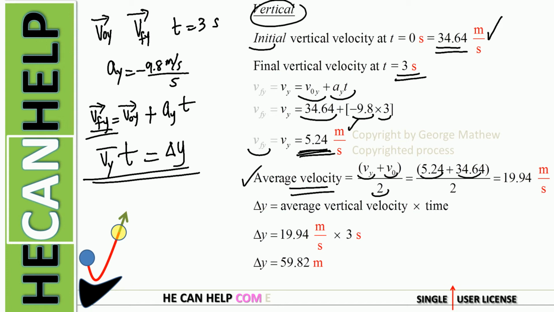Add and divide by 2 and you get the average, and that is 19.94 meters per second. Displacement, change in y, is equal to average vertical velocity times time. 19.94 times 3 seconds, and what do we get? 59.82. So it doesn't matter what approach you use, you get the same result, 59.82.